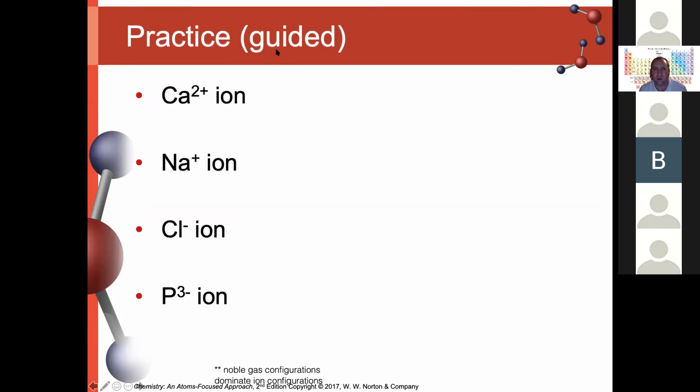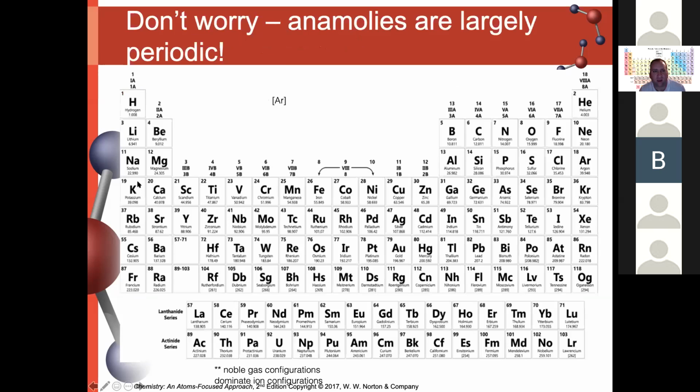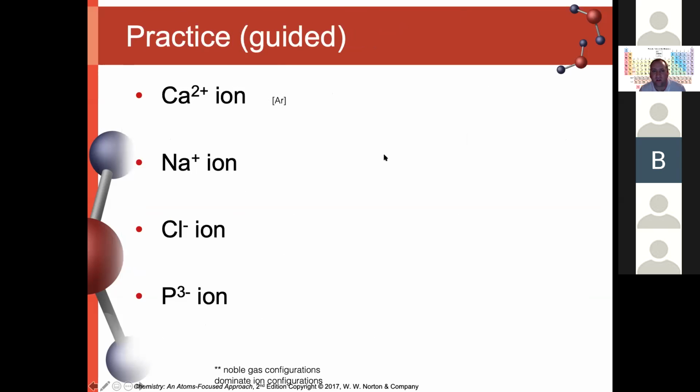And so the noble gas configuration for the calcium ion is just simply argon. For the sodium ion, sodium 1+, go back again. Sodium is 11 electrons. 1+ would mean 1 fewer, so 10 electrons. We're talking about the configuration of neon.